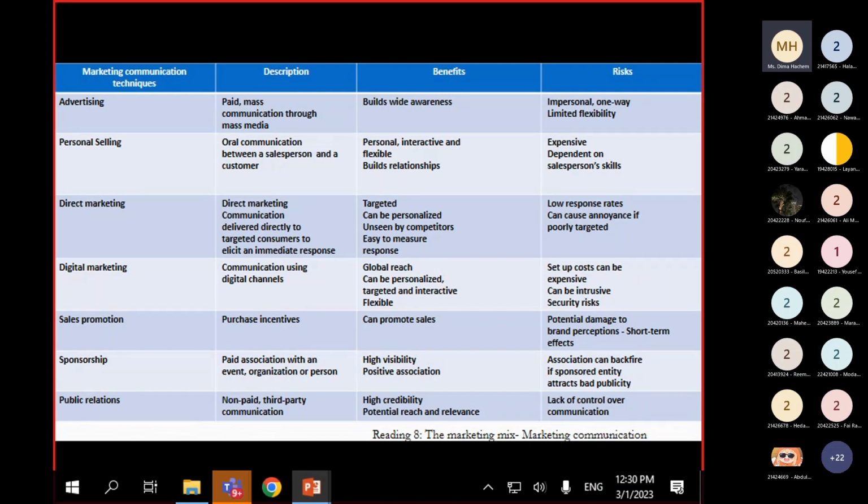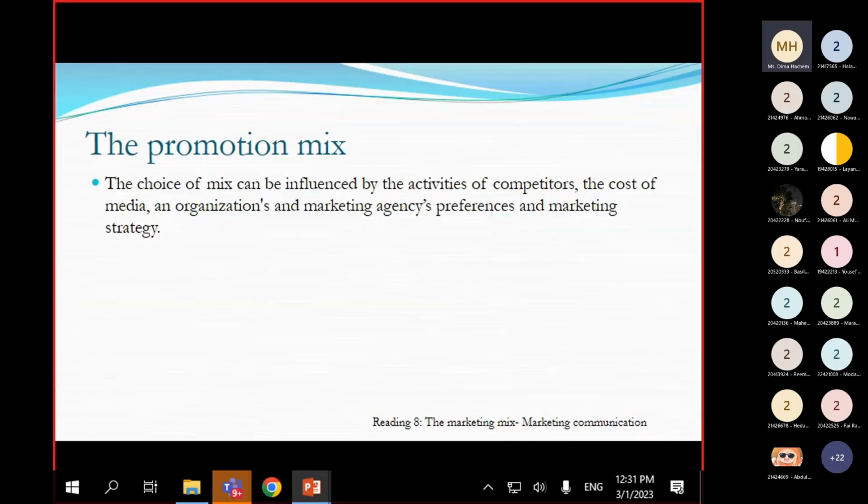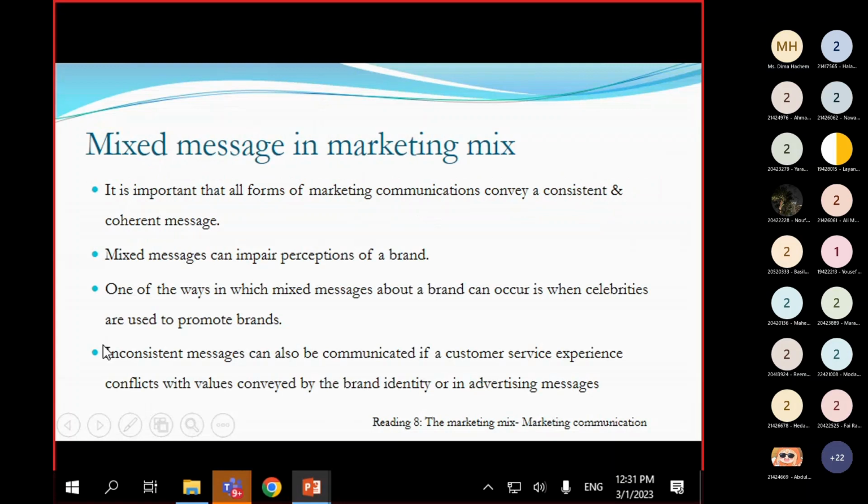You don't have to put all the ingredients. All right. Now, depending on your marketing strategy and depending on what your overall strategy is, you might want to put more of a certain ingredient more than the other. All right. But you don't have to put all the ingredients at once. Right. So this is what promotion mix is. Any questions?